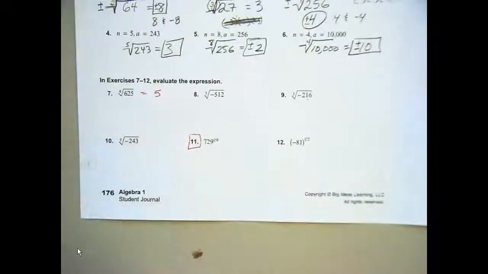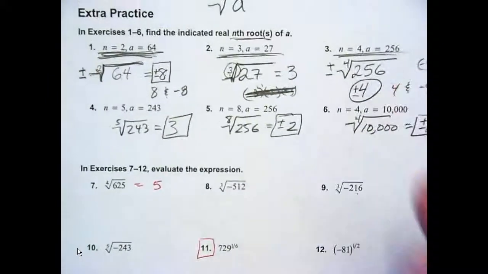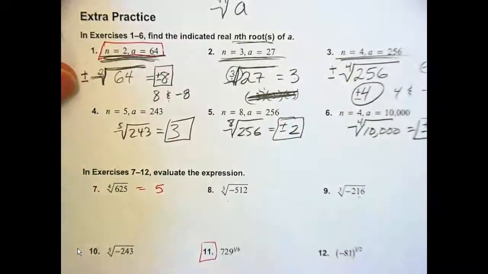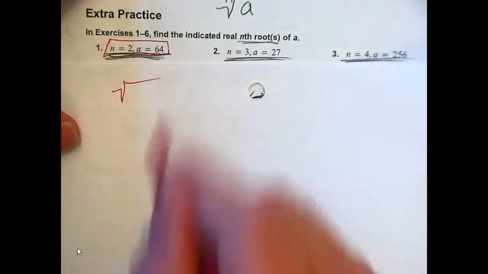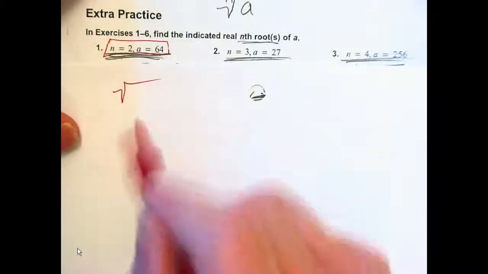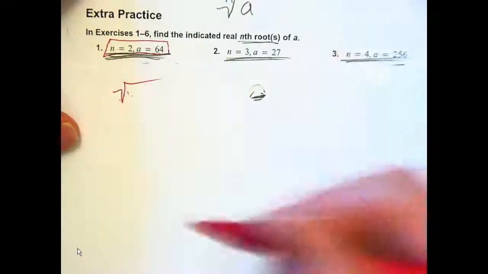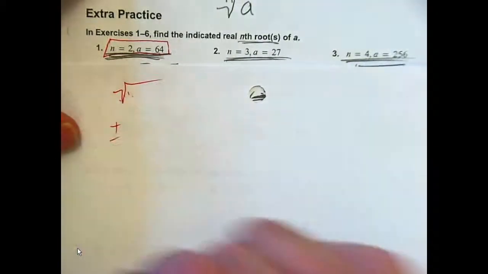Good. Now that we've talked about the plus minus, usually the rule we follow in math is if you start the problem, like we did up here on number 1, without any radical symbol, and at some point during the problem you actually have to take the square root or the 4th root or the 6th root, then you have to put a plus minus answer.